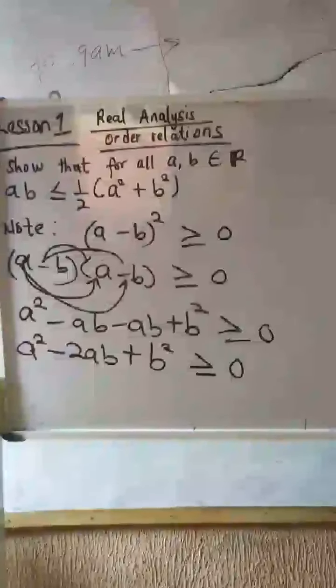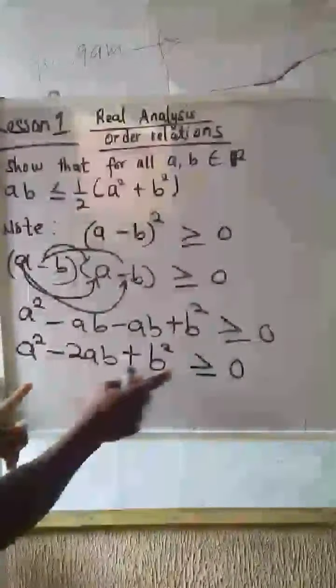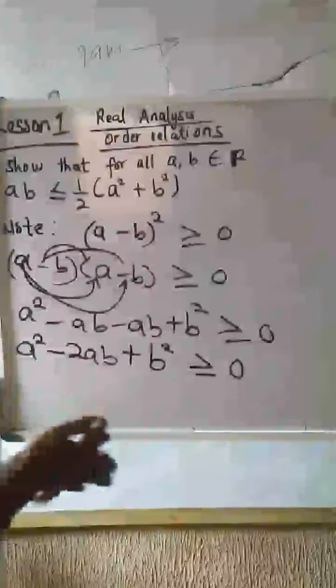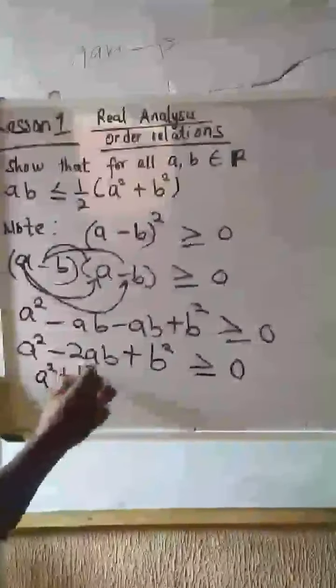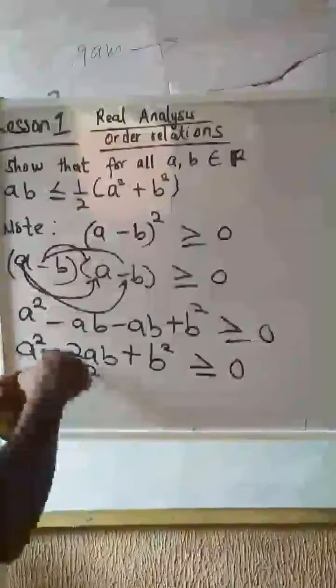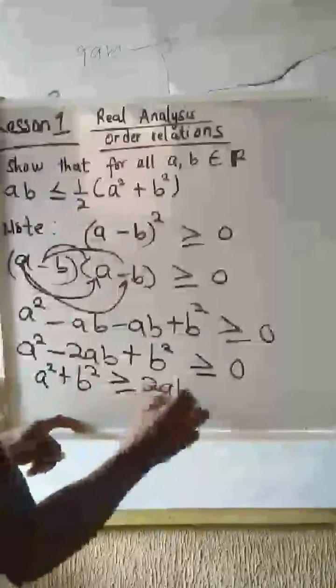Then from here we're going to watch. We are given ab and a squared plus b squared. So you have to bring a squared and b squared together to give you a squared plus b squared. Then we bring this minus 2ab to the other side. That is a squared plus b squared greater than or equal to 2ab.